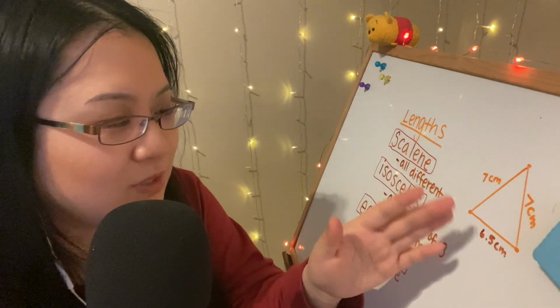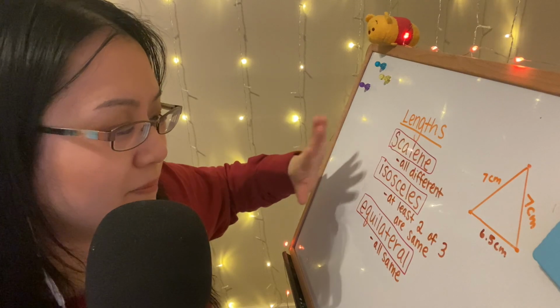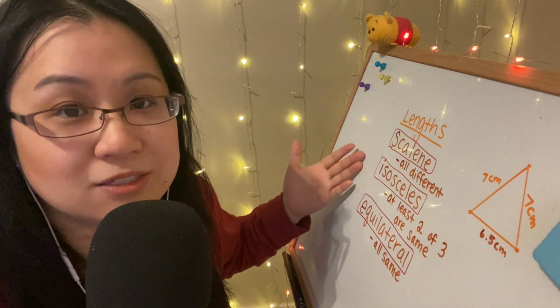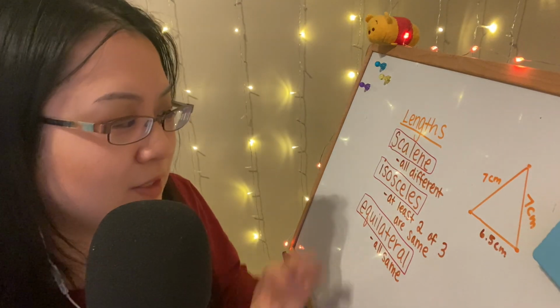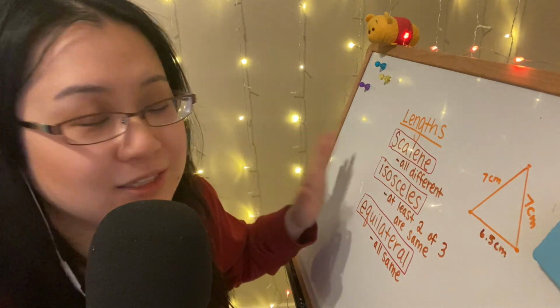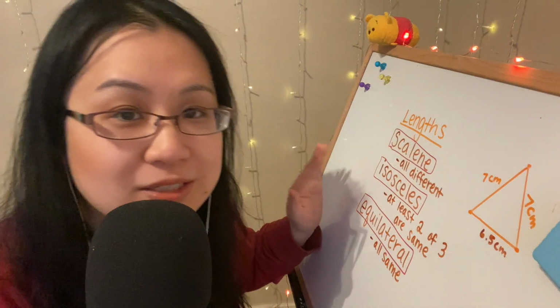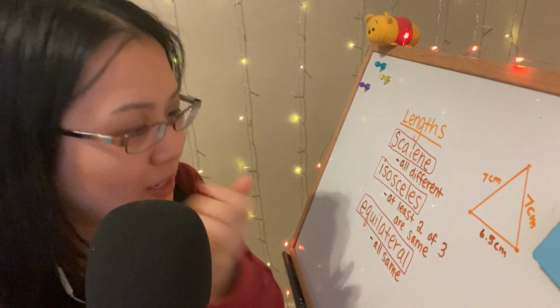That would make it so that an equilateral would not be isosceles because all three are the same. But this is how I've learned it, this is how I prefer it, and this is how I've most commonly seen it. But it's not unheard of, okay?